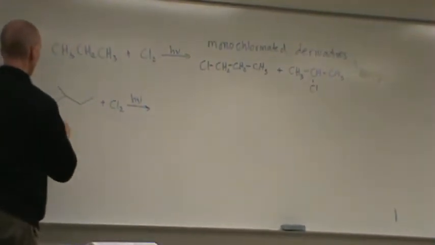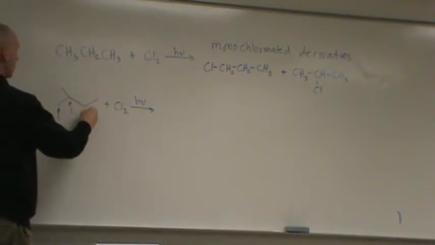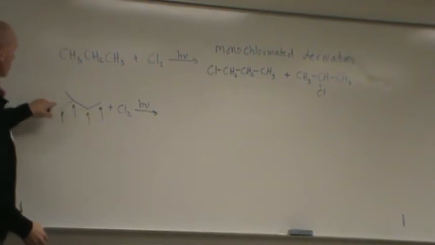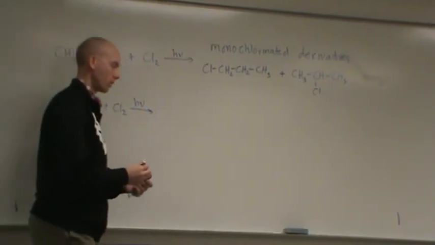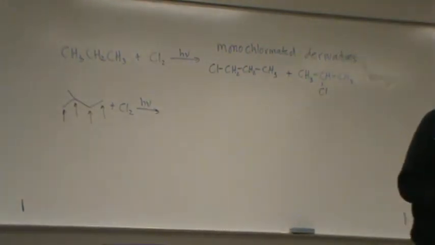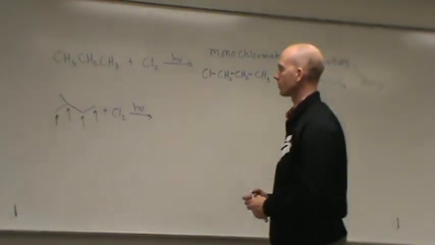I could add a chlorine here, here, here, or here. These two carbons would give you the same thing. So I would have a total of 4. On the exam, you would want to draw all 4 out.